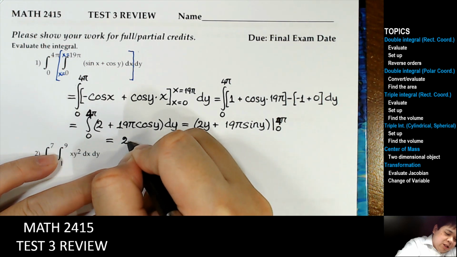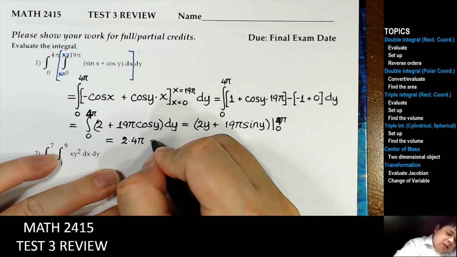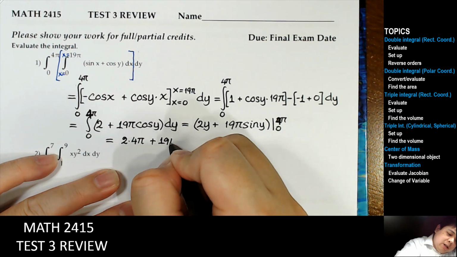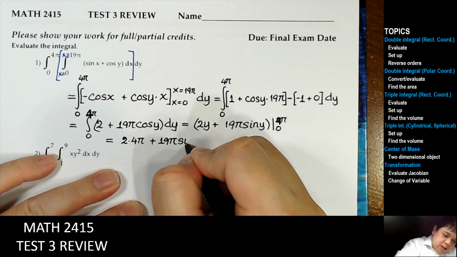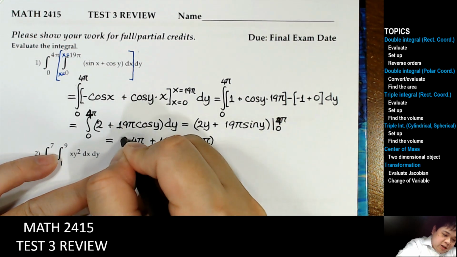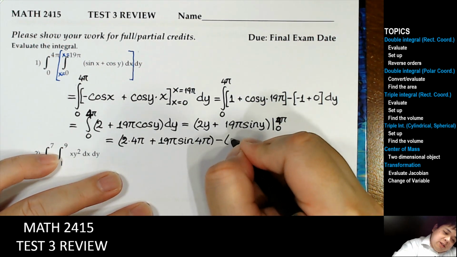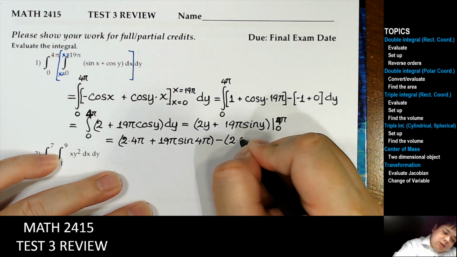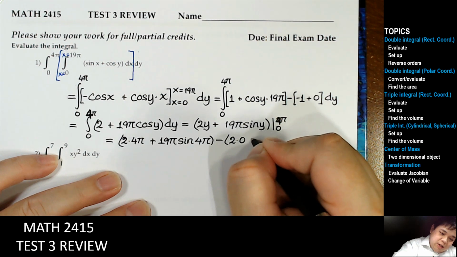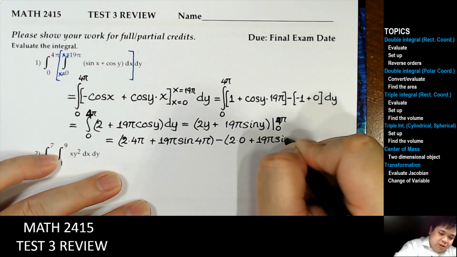Plus 19 pi sine of 4 pi. So that's where we put in 4 pi. And then we put in 0: 2 times 0 plus 19 pi sine of 0.